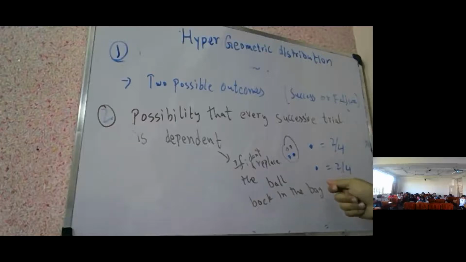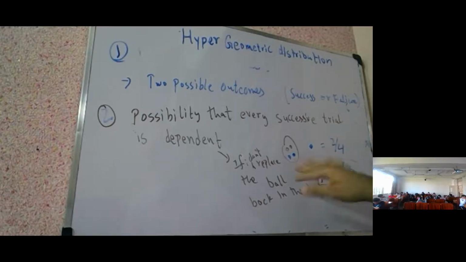Next time, the probability that I pick a blue ball is 1 by 3. And if the ball is black, then its probability will be 2 by 3. So these are the successive chances of the two outcomes, 1 by 3 and 2 by 3.